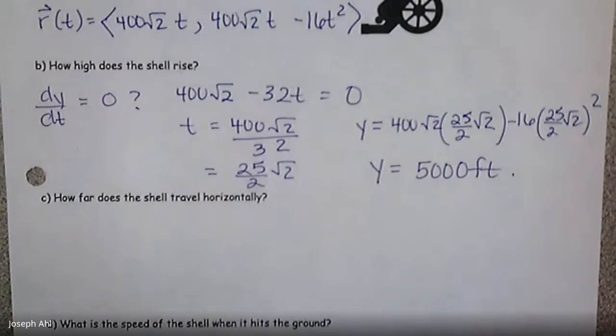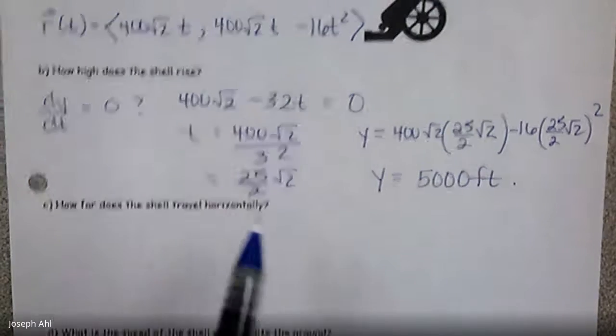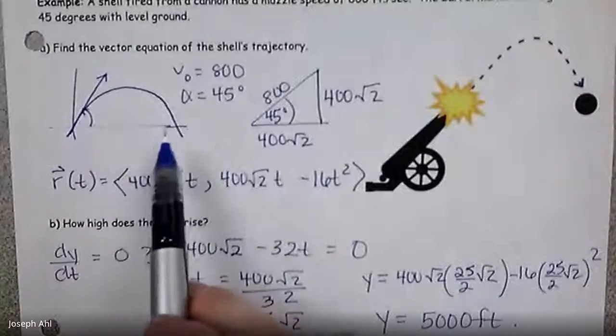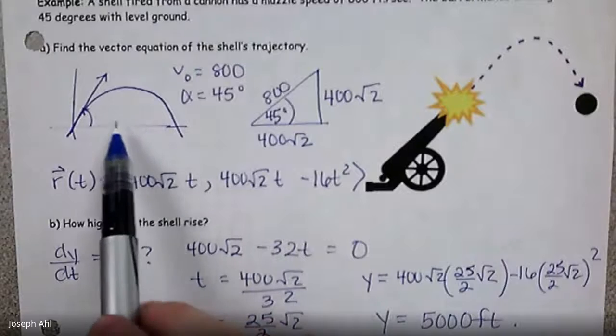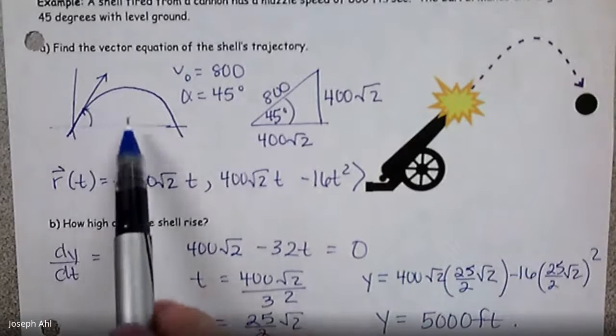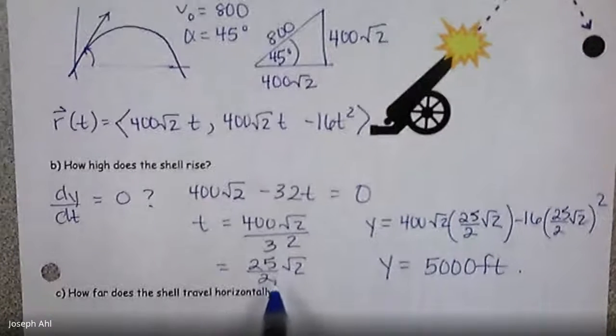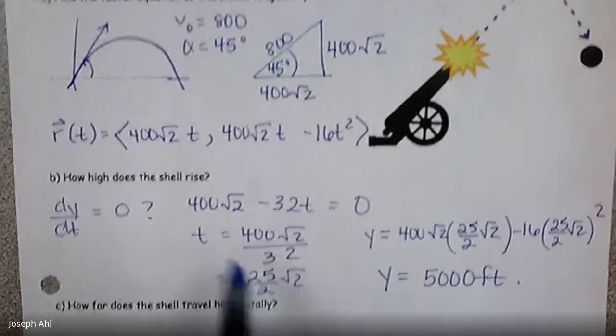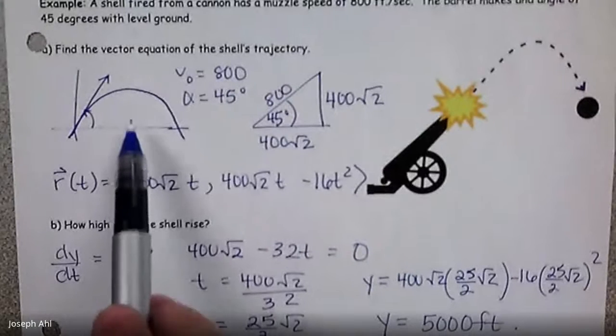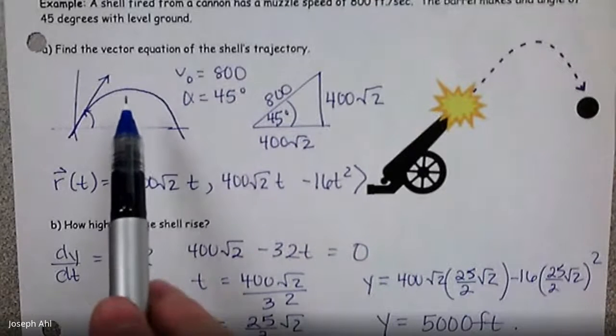All right, well, similarly then, can we use the same type of information to figure out how far the shell travels horizontally? Because of the parabolic nature of this path, we know that it took 25 radical 2 over 2 seconds to get to this point right here at the max height.